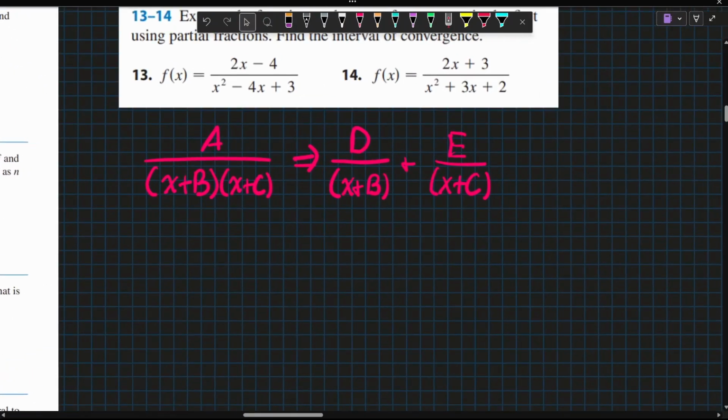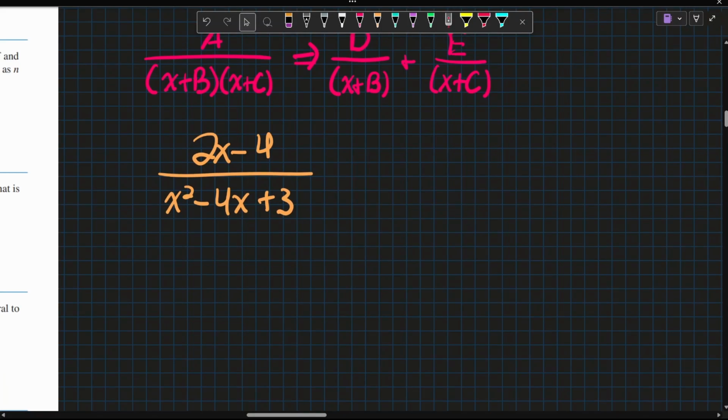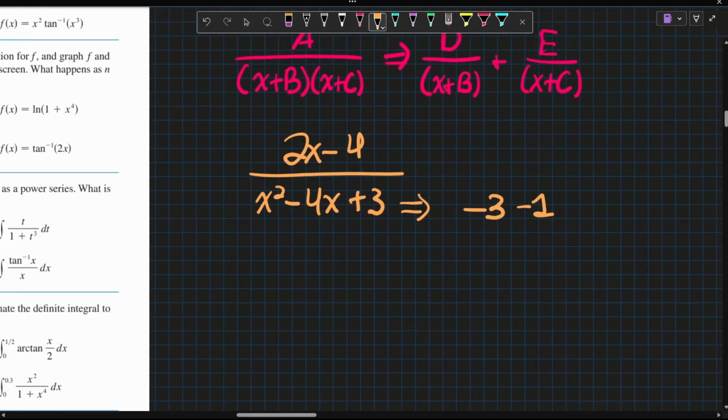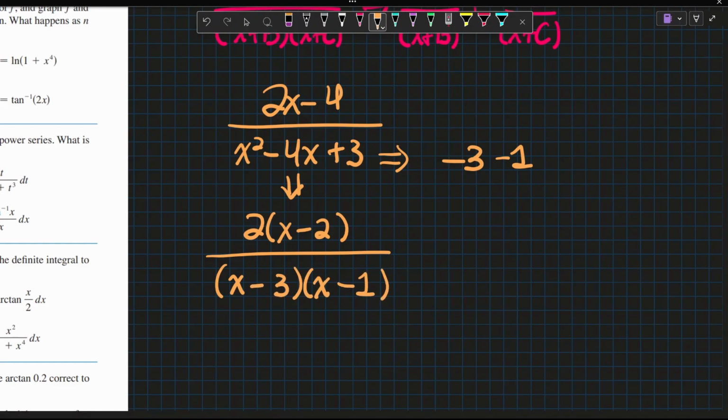You know? So we have the function here, 2x minus 4 over x squared minus 4x plus 3. Now basically, if you were to look at this part here, you have 3 and 1, negative 3, negative 1. So you can break down this to 2 times x minus 2 over x minus 3, x minus 1.